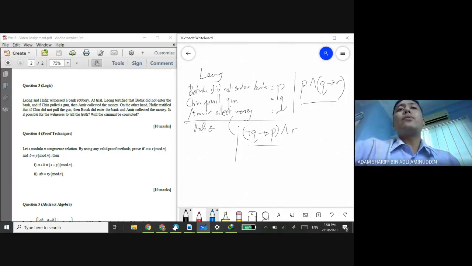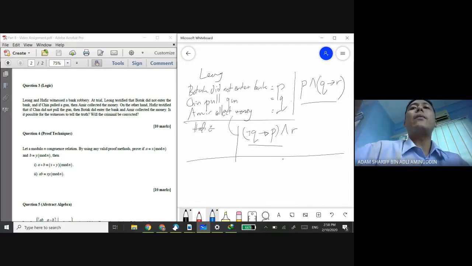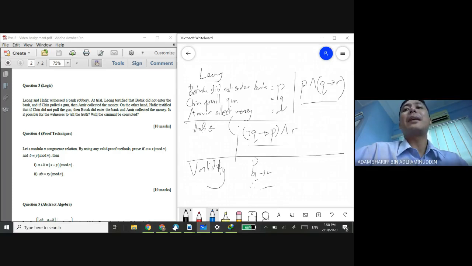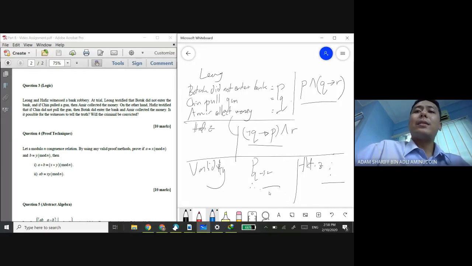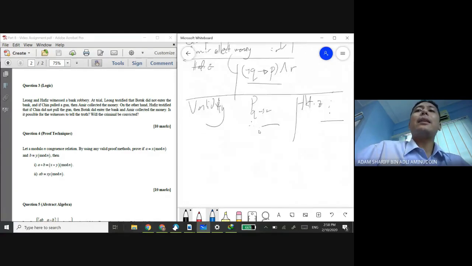If you want to know whether the criminal will be convicted, some of you guys might approach these questions by the validity of argument. If you use the concept of validity, then you might put P, Q into R as a conclusion, something here. And also for Hafiz, put something here. And then you try to match. Some of them are inconsistent.